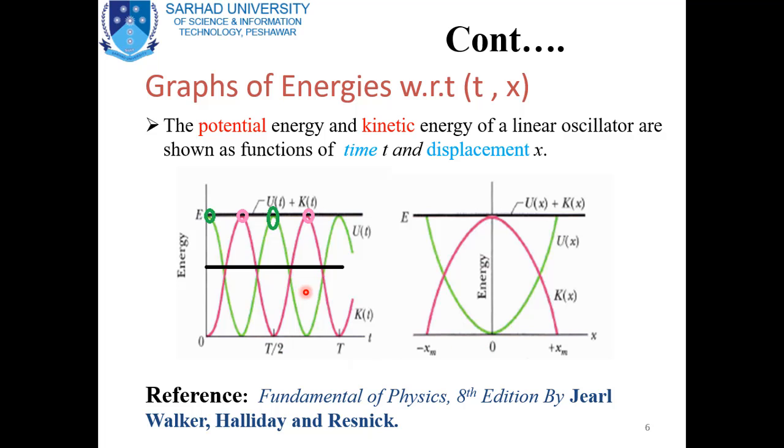The potential energy, which is U(t), is the green curve in the figure. The kinetic energy is the pink curve, and the total energy is the horizontal bar. These energies are drawn as a function of time for the simple harmonic oscillator.